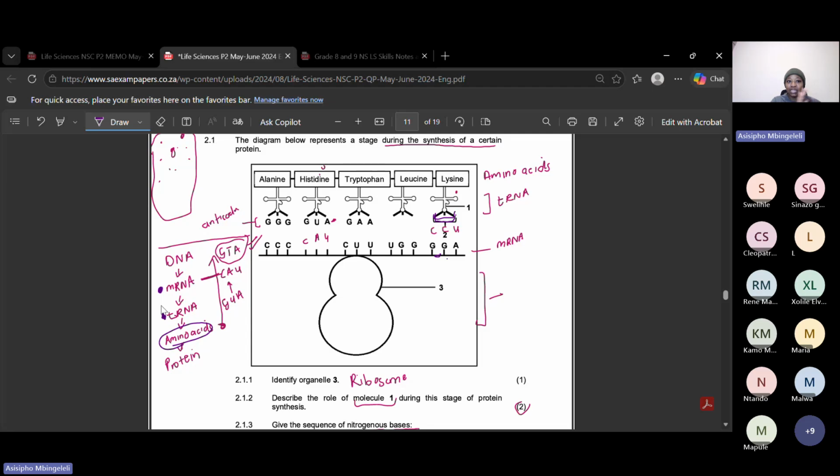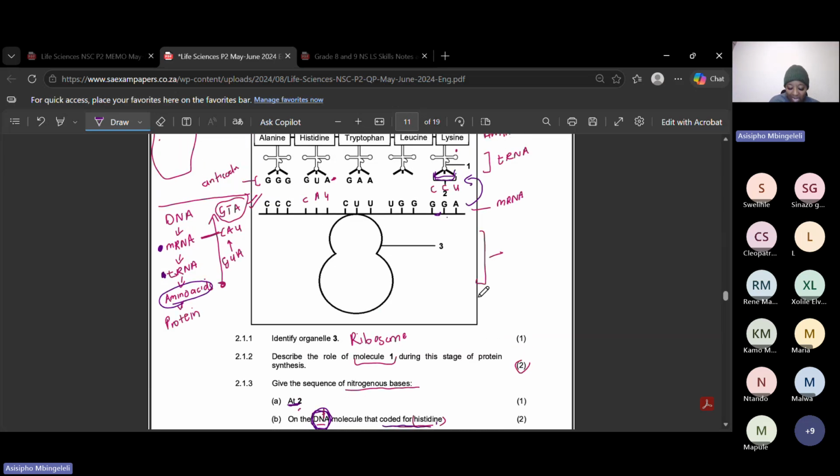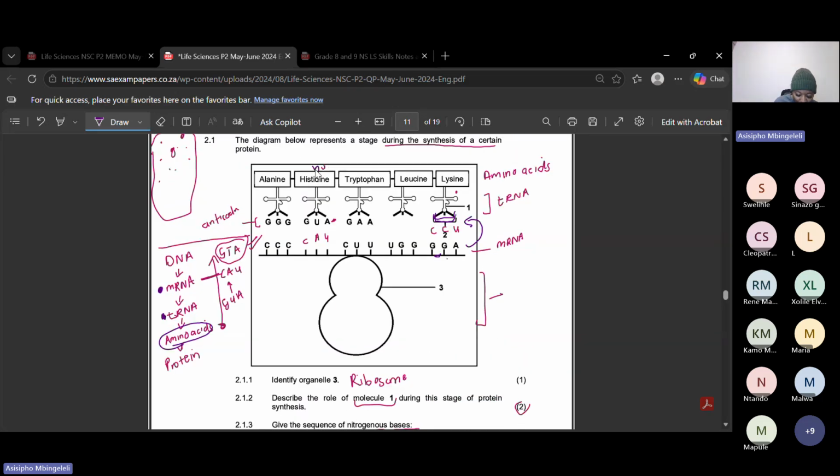We paired it once, and then we got our answer because we moved from here to here, right? So you have to write this down on your exam so that you can figure out. Then what have they done at B? At B, they're saying on the DNA molecule that coded for histidine. So what did they give us? They gave us the amino acid. So we are starting here on the amino acid and they want us to get a DNA. But now amino acid they've given us, transfer RNA they've given us, that is GUA.